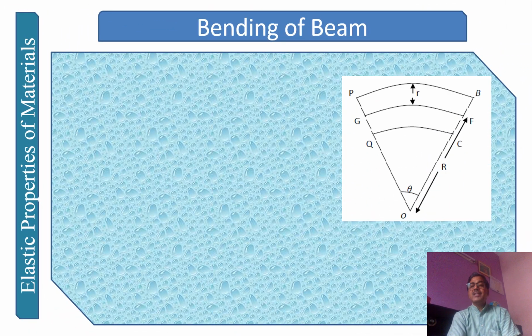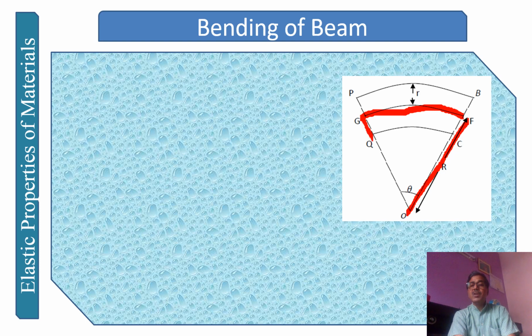Now again, as I explained, a small part of this has been taken. From the neutral axis, we have taken the arc, which we are calling the radius of curvature.